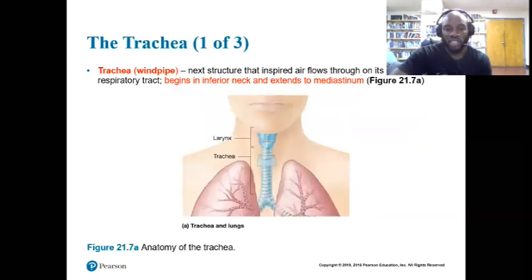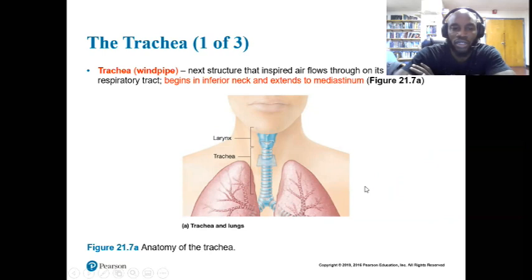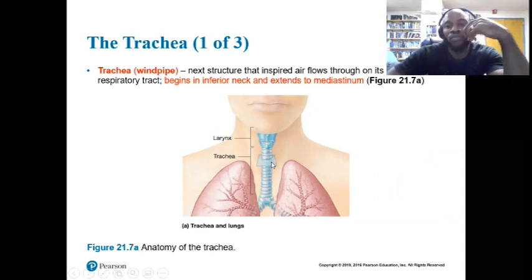All right, your trachea, that's your windpipe, the next structure that inspired air flows through on its way to the lower respiratory tract. So in the nose, we inhale air, warmed, filtered, humidified.